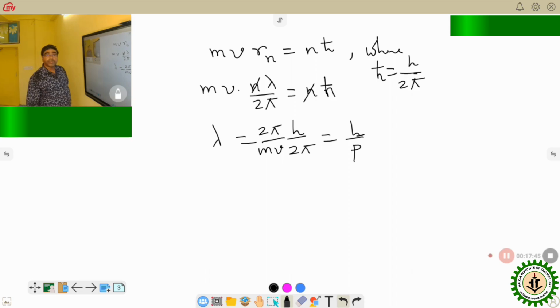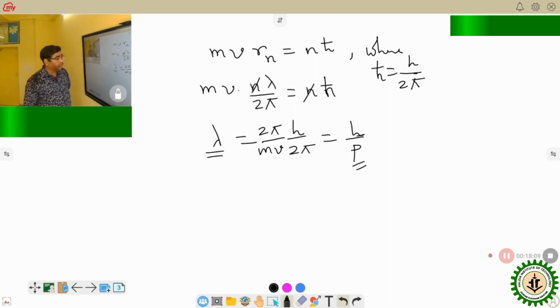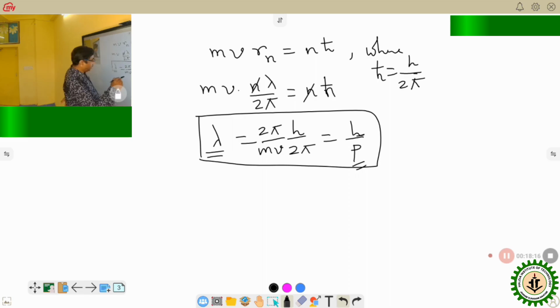Now look, here is the beauty of this assumption: from the Bohr orbital theory, you can reach a situation where the wavelength related to any particle's revolution is connected to its momentum and a constant parameter known as Planck's constant. So this clue leads de Broglie to propose the de Broglie hypothesis.